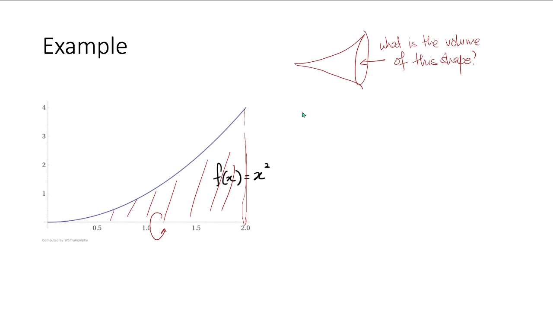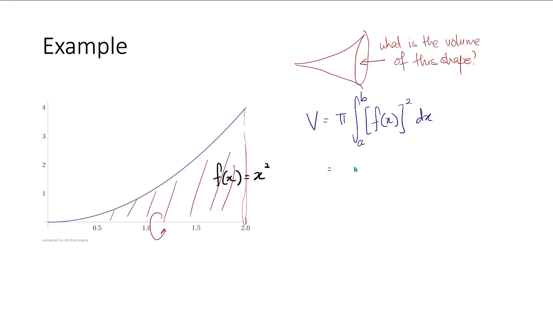Now we've seen the formula. The volume is just equivalent to pi multiplied by the integral over the interval of the function squared, dx.